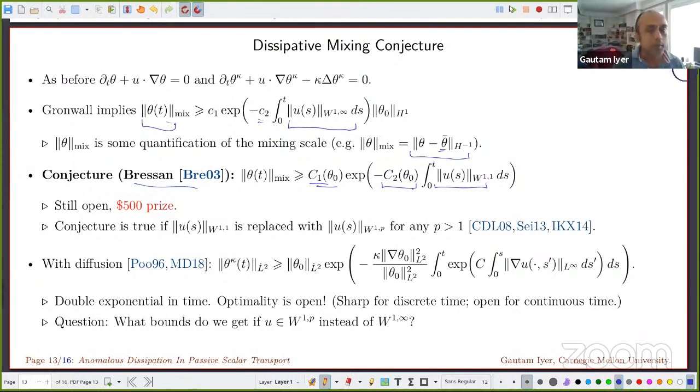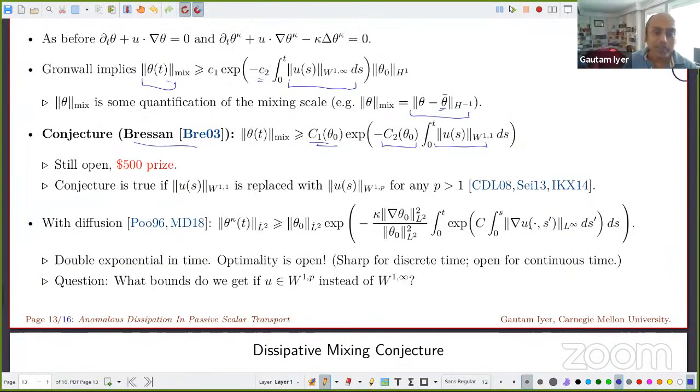He offered a $500 prize, which, as far as I know, hasn't yet been collected. Gianluca Crippa and Camillo De Lellis came close. They said, hey, look, instead of W11, if you give me W1P, they proved it. I don't know if Bressan paid them or not, but it's good enough for me.